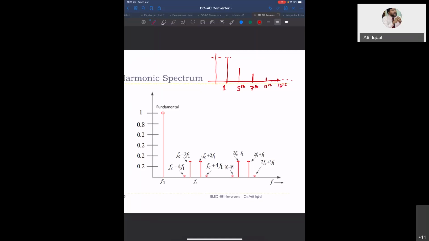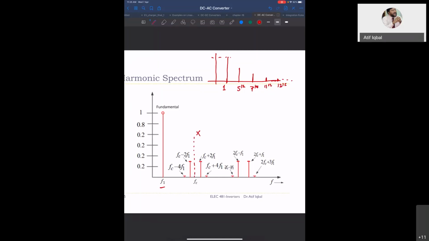For PWM, we get the fundamental component at the fundamental frequency. Then we get components at the side band of the switching frequency. So at the switching frequency itself, we do not have anything.